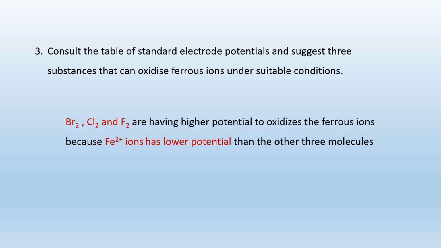So you have to look for values higher than the ferrous ion. I have taken 3 substances: bromine, chlorine and fluorine, which have a higher potential than the ferrous ion. You can also take other substances like cobalt ion, and others as well.